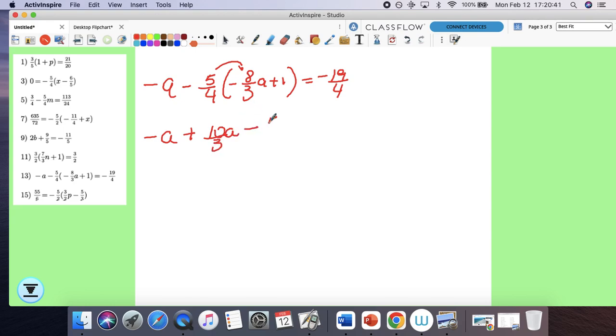Minus negative 5 over 4 equals negative 19 over 4. Right, so far it looks okay. Yeah, it's 3 1/3.